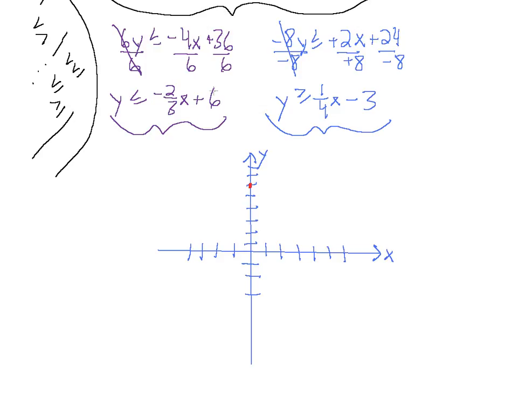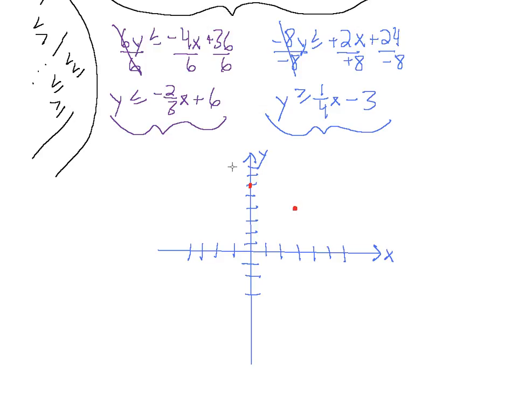We know several ways to find points for a line or an equation or an inequality. We're just using a very quick one so we don't waste a lot of time. Now that we have a point on this line, we can use the slope to find the next point. We have a rise of minus 2 and a run of positive 3. So we go down 1, 2, and to the right 1, 2, 3. So we have another point over here.